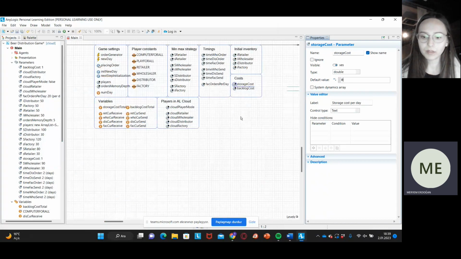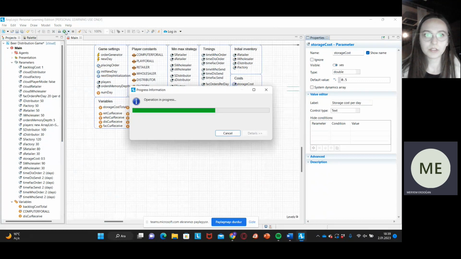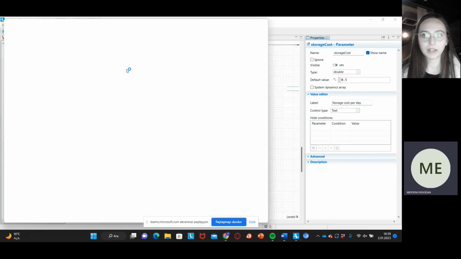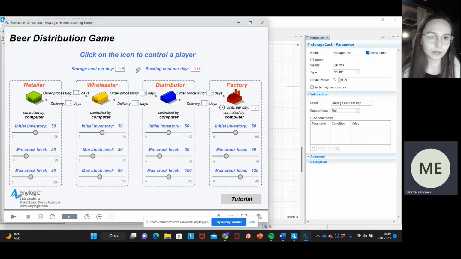But when we change it after the model, the shortage or backlog cost per day can be 50.